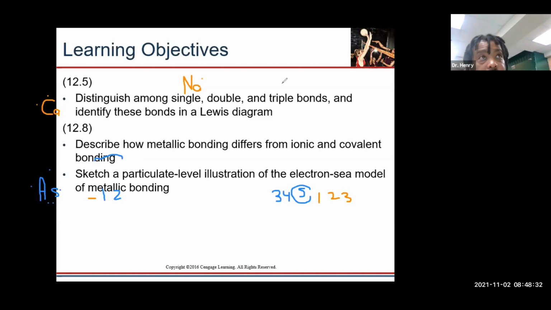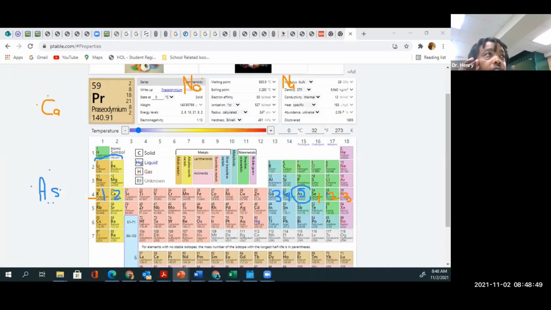It's happy. It's stable. So the idea is that sodium wants to be like neon. So sodium wants to get rid of that 1 electron, so it'll be just like neon.